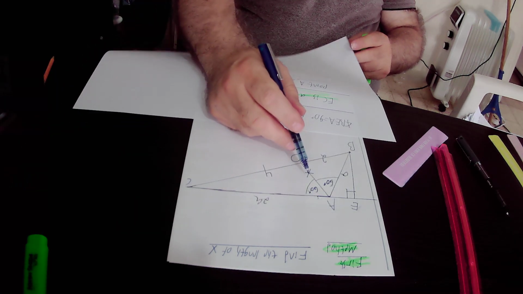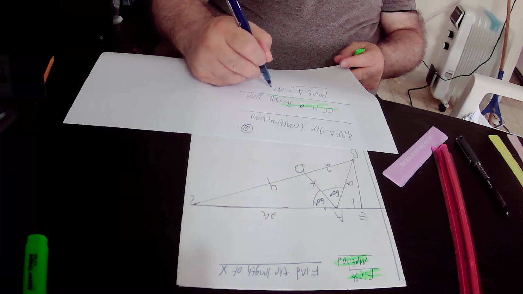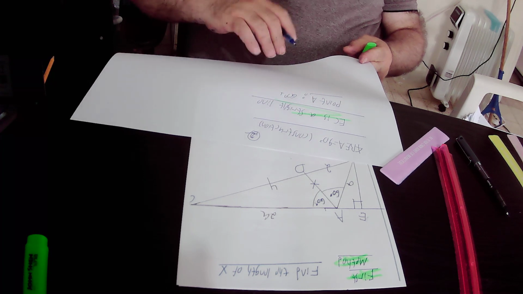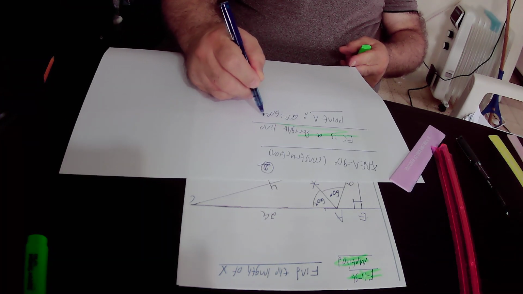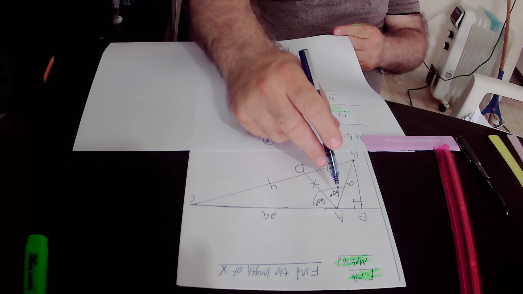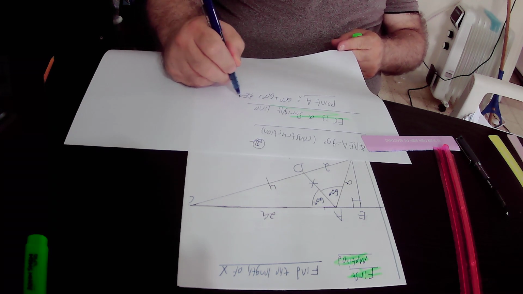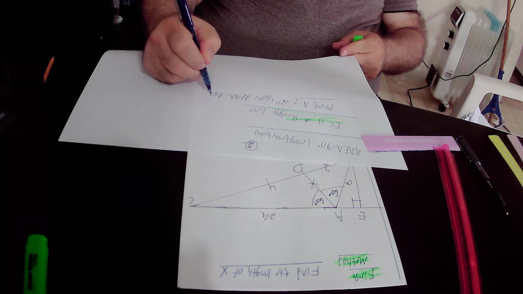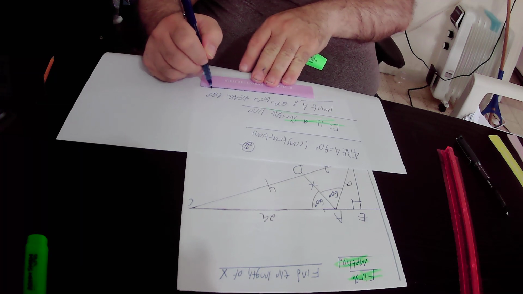We have here 60 degrees, and we have another angle that is equal to 60 degrees. And we also have this angle, angle EAB. In total, the sum of those three angles must be equal to 180 degrees according to the rule that the sum of the angles on one side of a straight line is equal to 180 degrees.